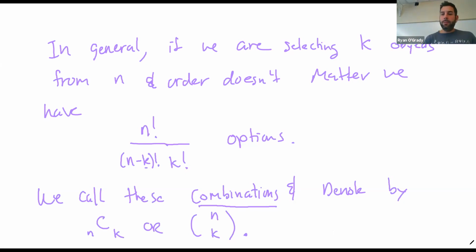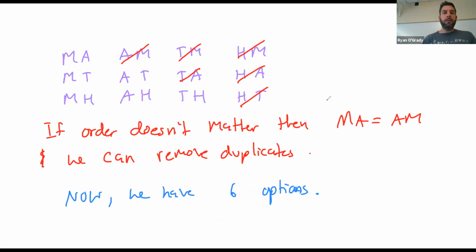Well, let's go back to the picture and think about it. Okay, when I go with my first option, which is MA, since I'm only choosing 2, how many possible duplicates can there be?